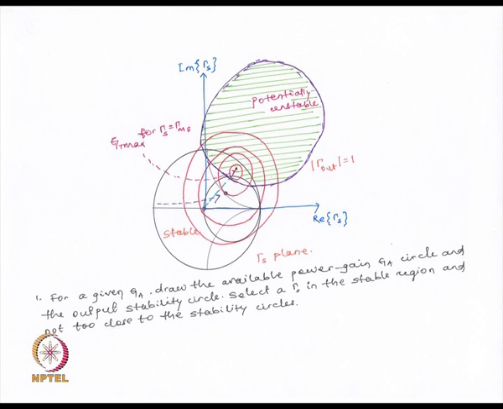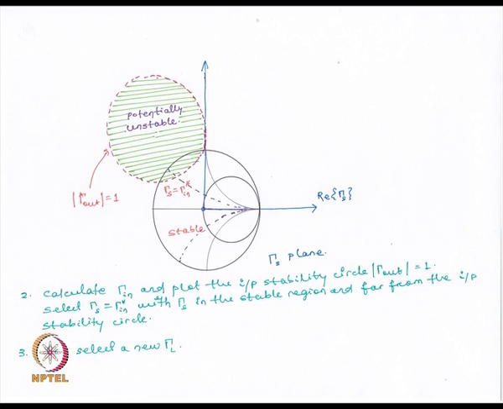Once you do that, you now draw the output stability circle where we are in the gamma L plane, and see whether this gamma L that you just obtained using this equation really lies in the stable region.